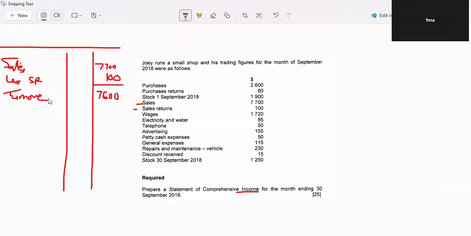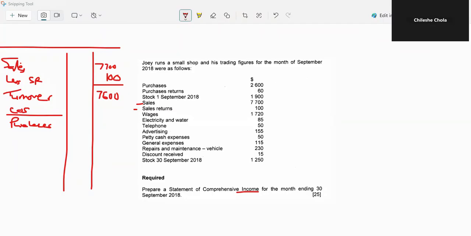Then we go to now the cost of sales. Cost of sales starts with what? Purchases. What do we have as our purchases? 2,600.